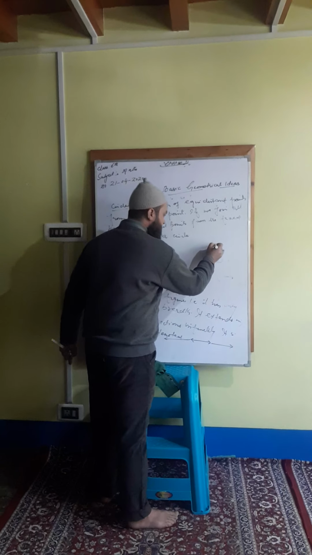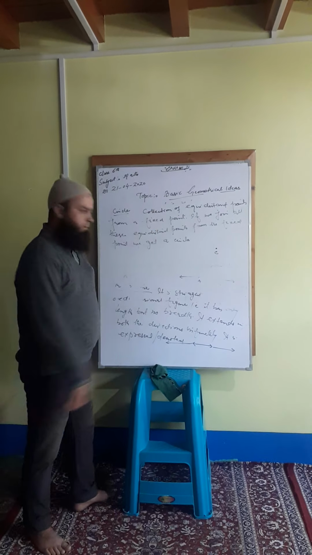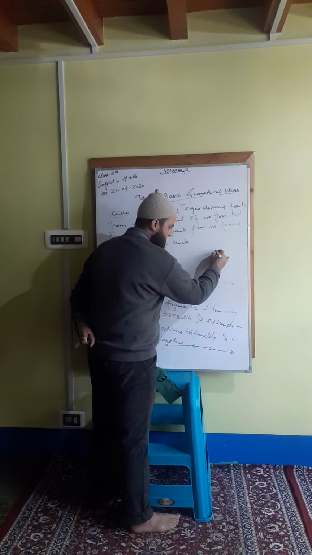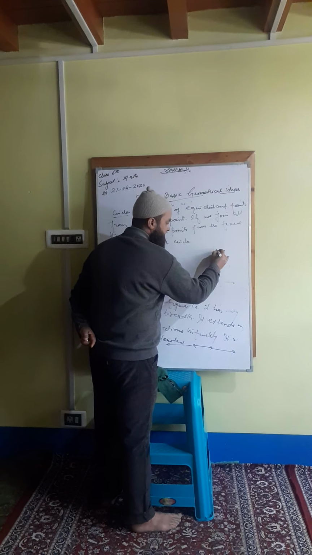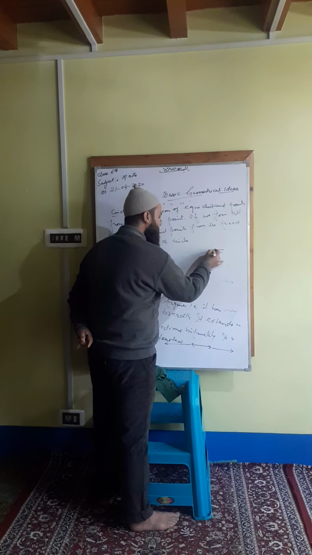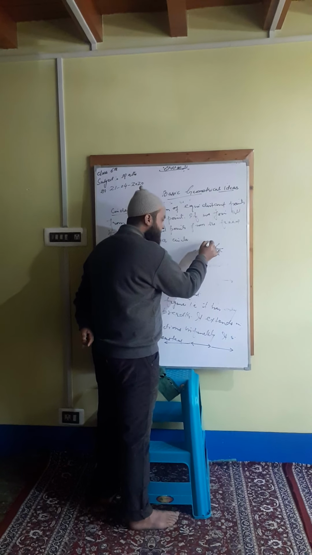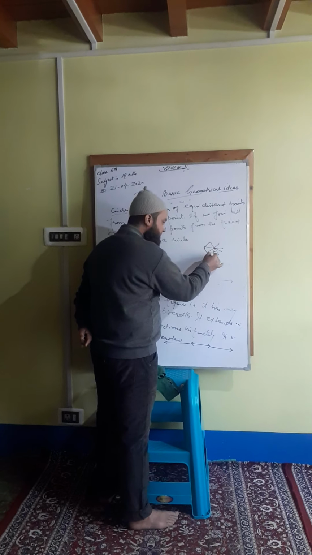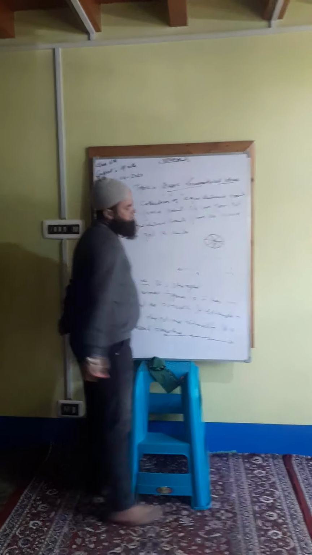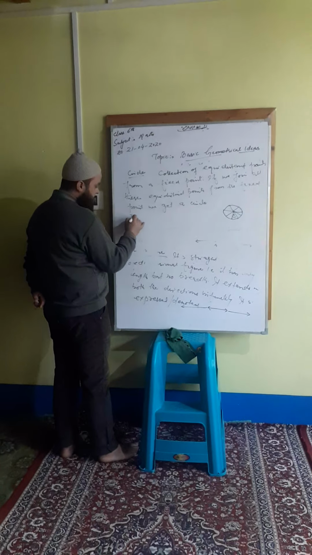This point C is a fixed point. We draw equidistant points, one point, another point, another point. They all are equidistant. If we join all these points, we form a circle.